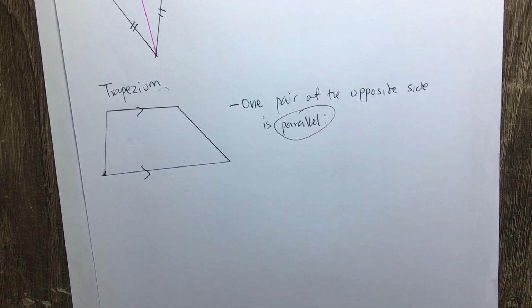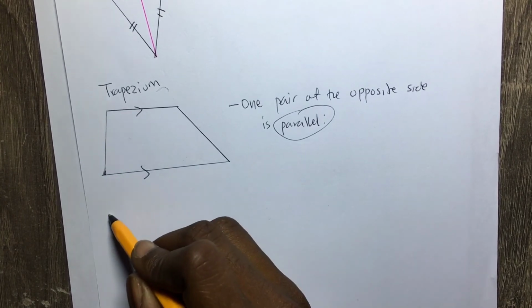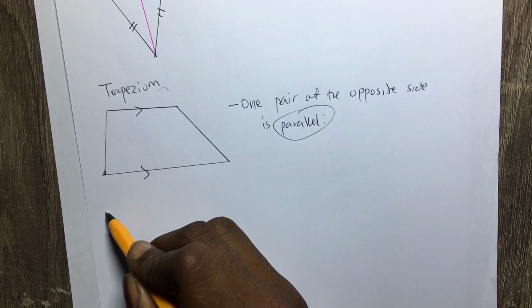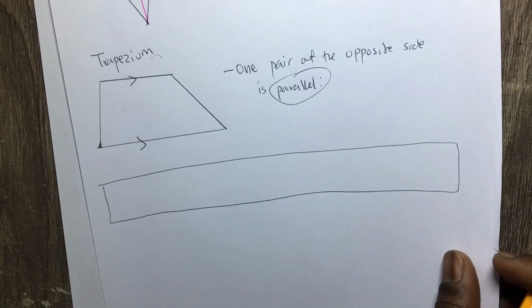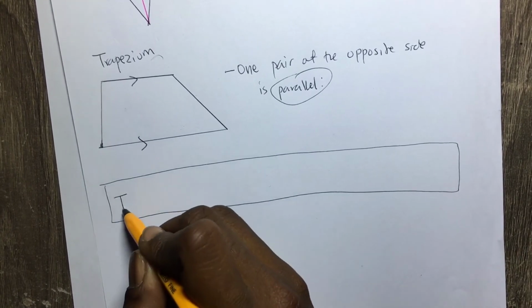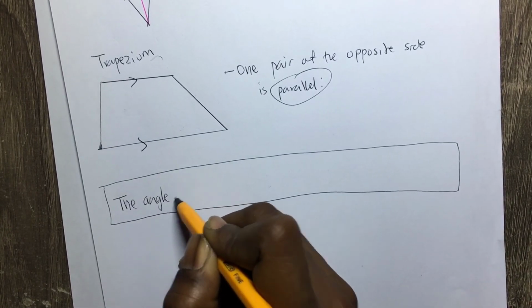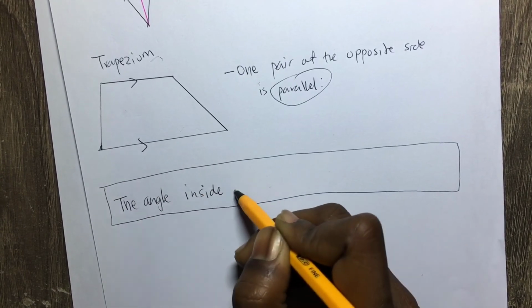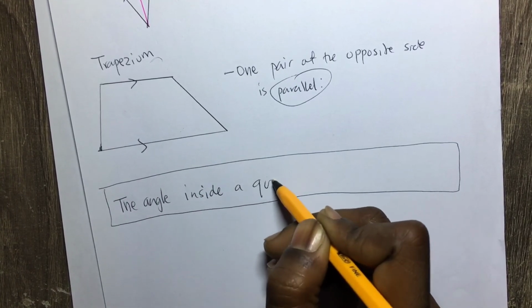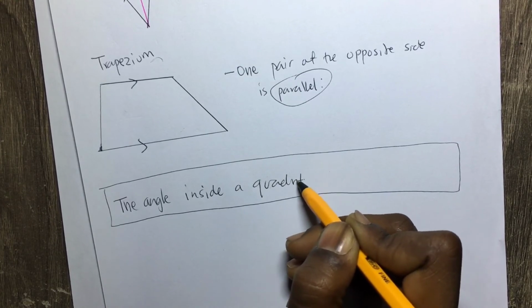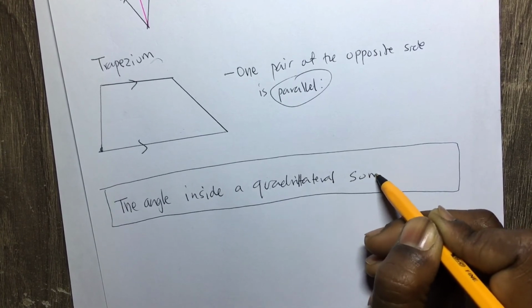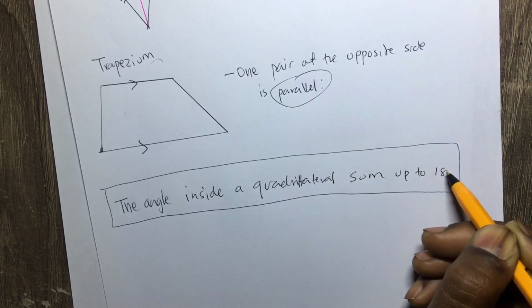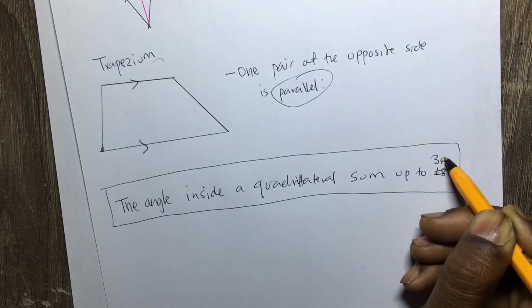So this part, I was just listing out the properties of quadrilaterals. And if they ever ask you a property of a quadrilateral and you forget, you're just gonna have to say that angles inside a quadrilateral, any quadrilateral, will always sum up to 360.